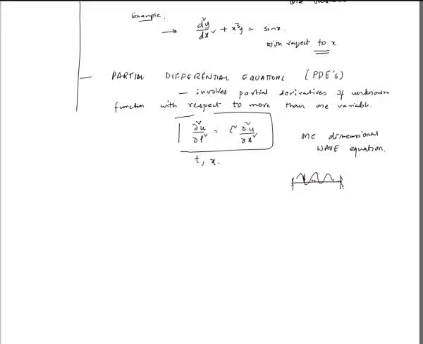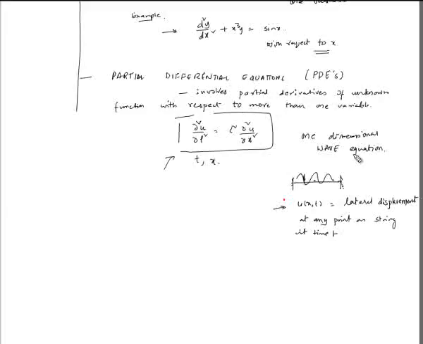Now u of x comma t represents the lateral displacement at any point on the string at time t. That's what this equation represents. Once you solve this differential equation, you will get the lateral displacement at any point of the string on a stretched string at time t. Remember, that's important.